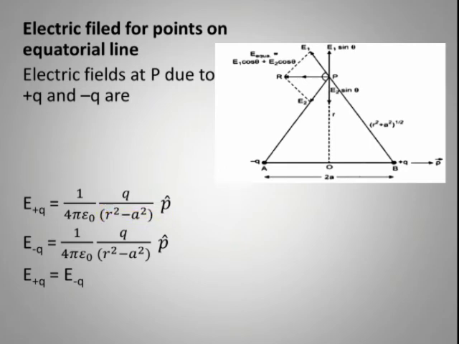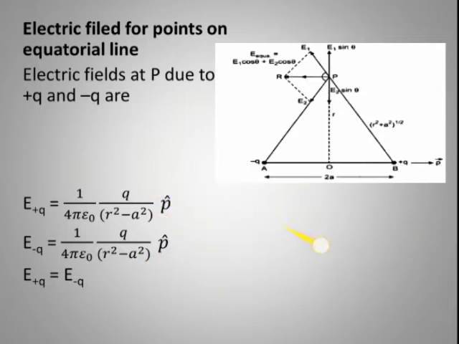It is not r square minus a square, but r square plus a square. So q divided by r square plus a square. Now what is the power of this one? Half into 2, so 1 you would get.